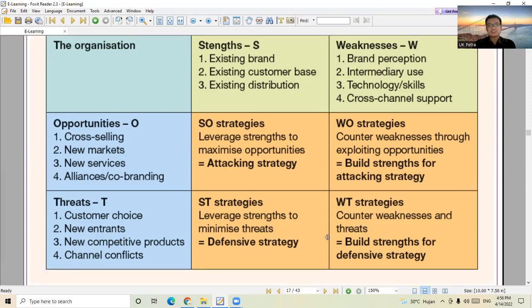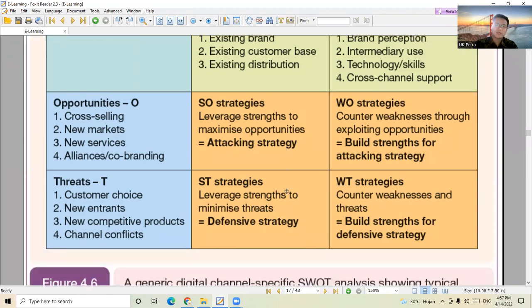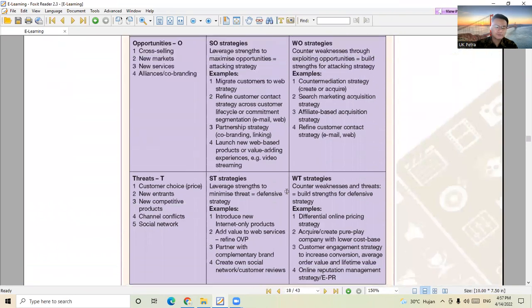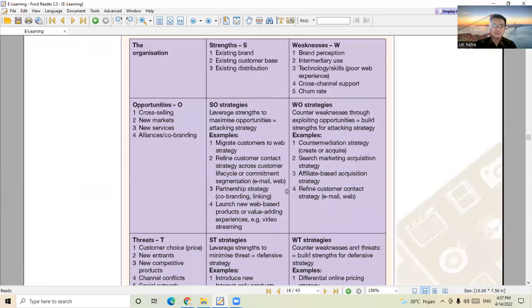This is just the template for doing the SWOT analysis. And figure 4.7 is an example of that. We can see examples of the SO strategies. It leverages the strengths combined with the opportunities to formulate certain strategies.